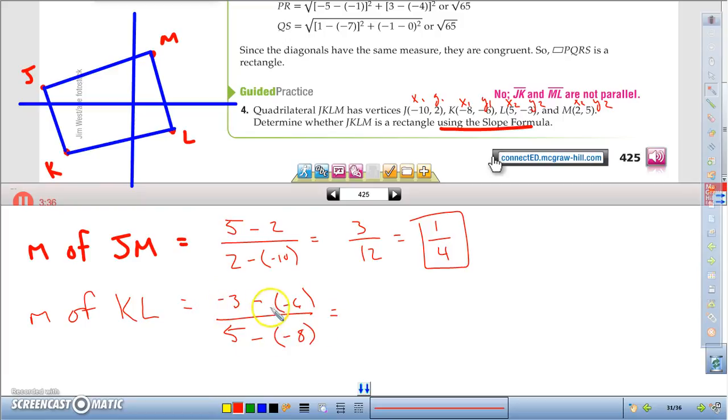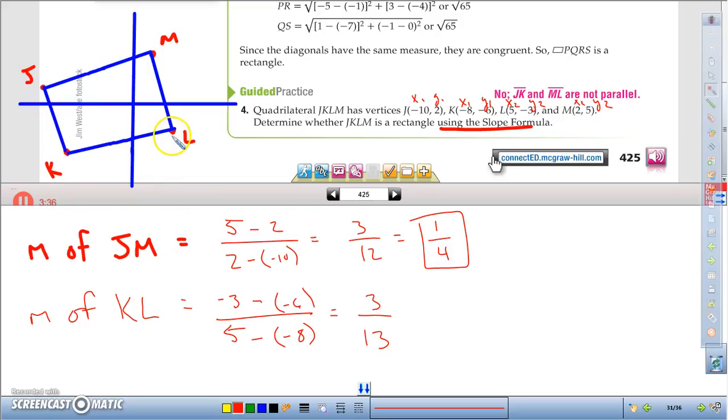This is -3 plus 6 gives me a +3. 5 minus a -8 is positive 13. Sure I got that right. Yes. So these two slopes, while they are very close to being the same, are not the same, and I don't have to go any further because JM is not parallel to KL. I already know this is not a parallelogram.